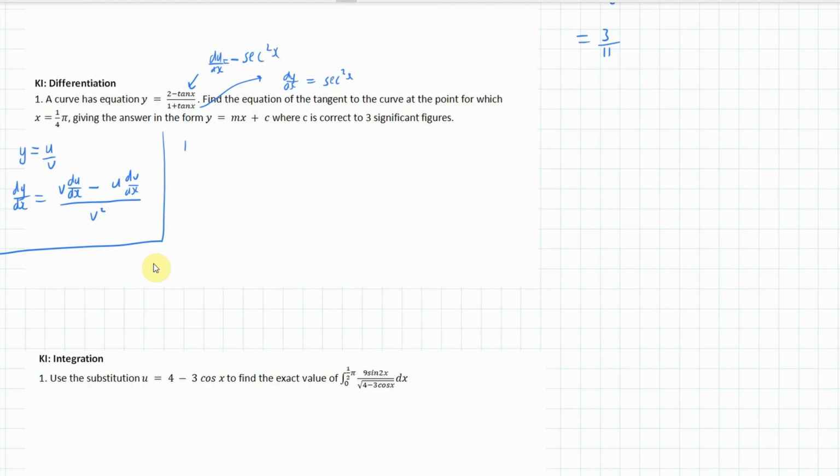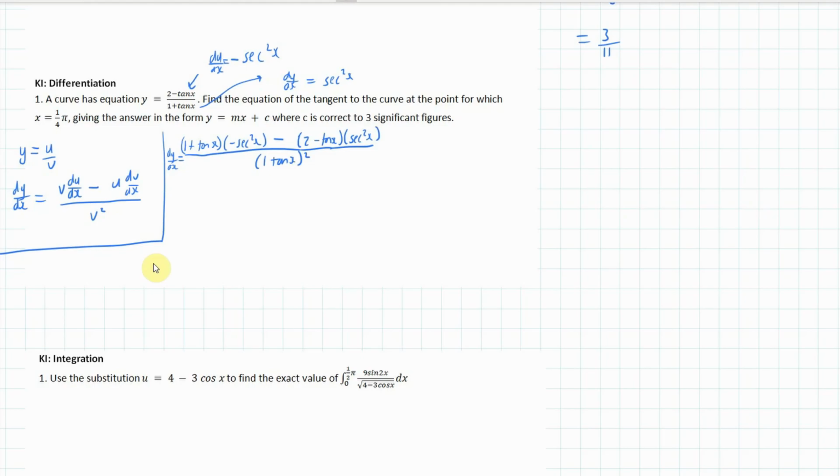So we've got v, so we've got (1 plus tan x) into negative sec squared x, minus, and then we've got u, which is (2 minus tan x) into positive sec squared x, all over (1 plus tan x) all squared.